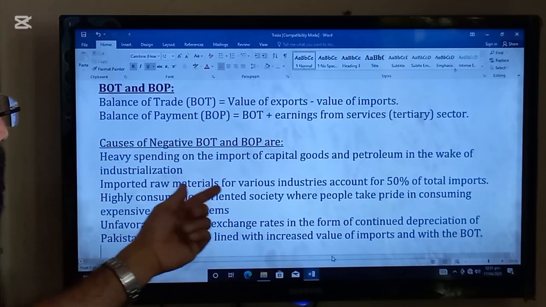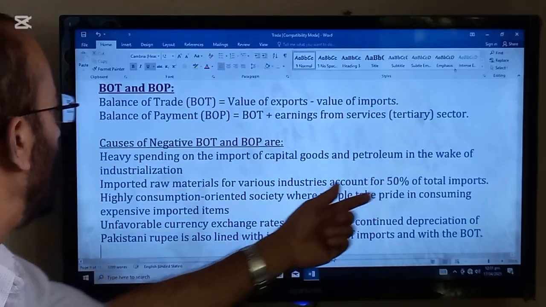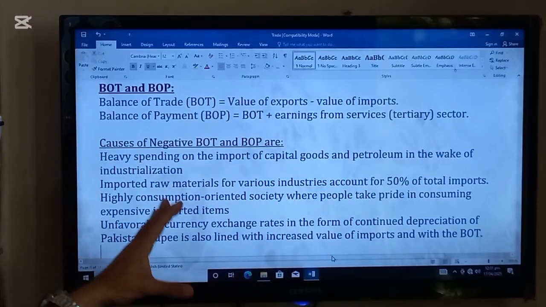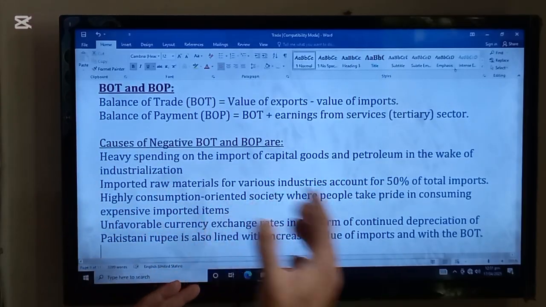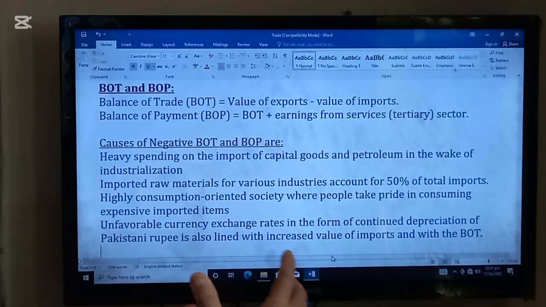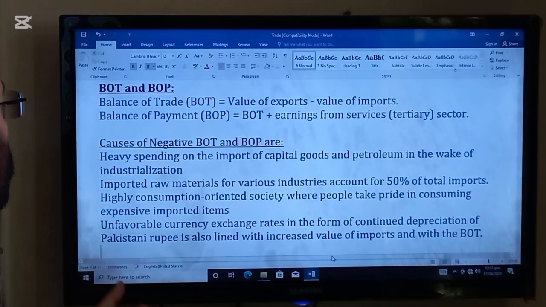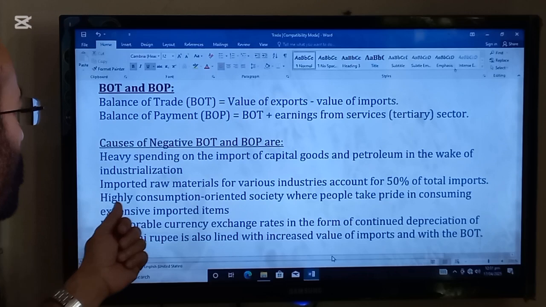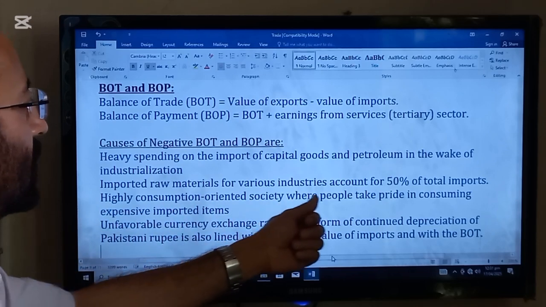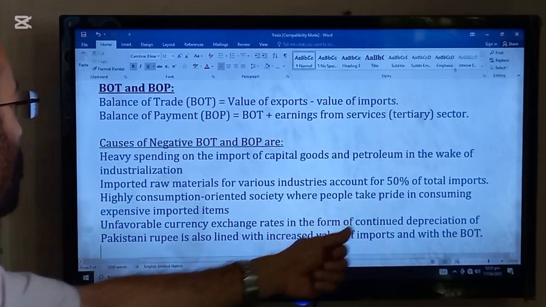Heavy spending on the import of capital goods and petroleum in the wake of industrialization. So this is the first point. Our spending on imports is high compared to what we are earning. Next point is, imported raw materials for various industries account for 50% of the total imports.